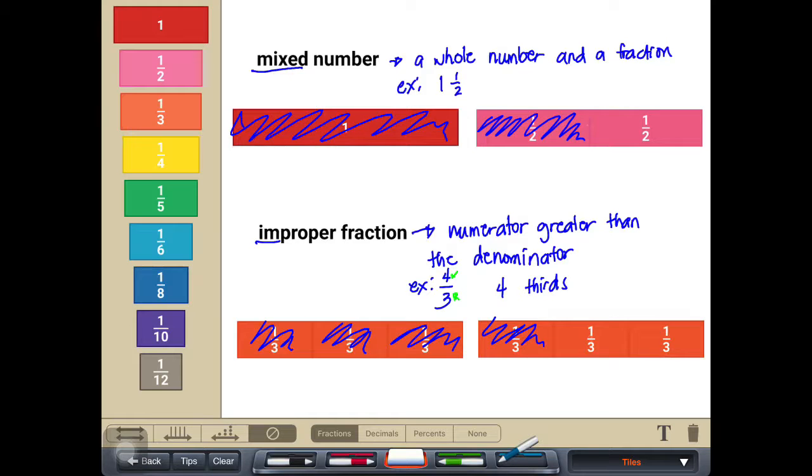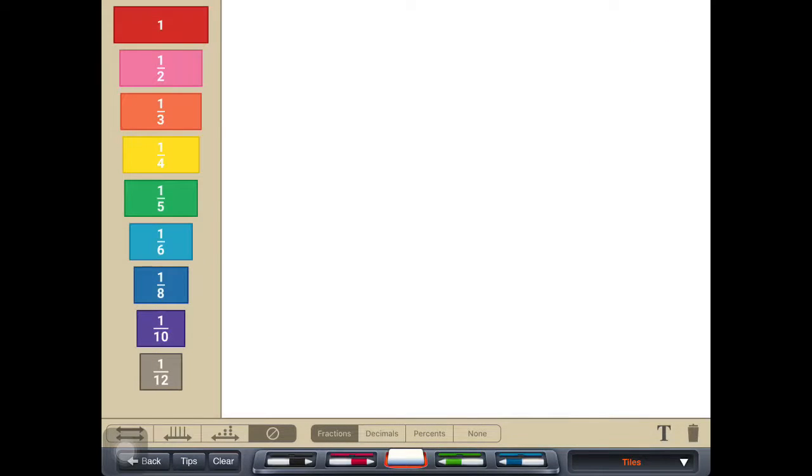Now let's convert mixed numbers into improper fractions and improper fractions into mixed numbers. So let's take this as an example. I want to turn 1 and 1/3 into an improper fraction. So for 1 and 1/3, we know that there is 1 whole and then 1/3 of a whole.